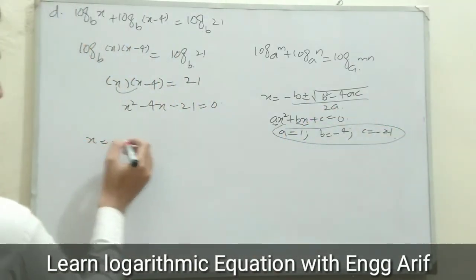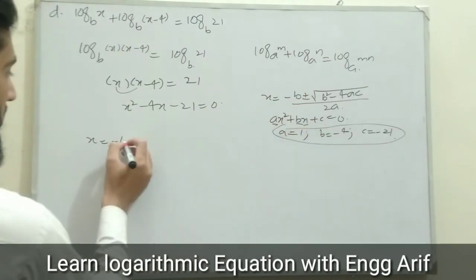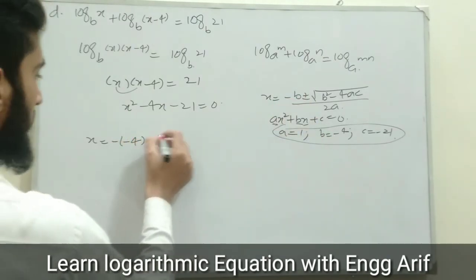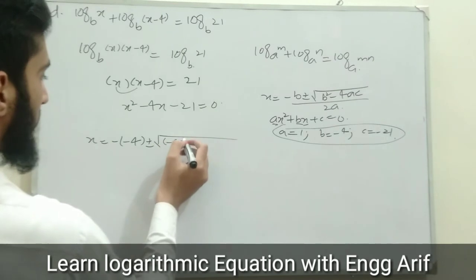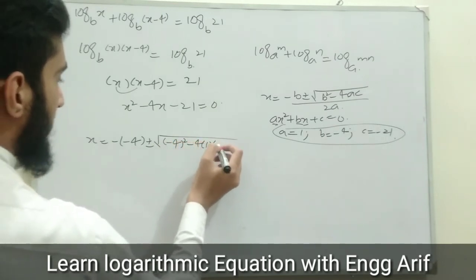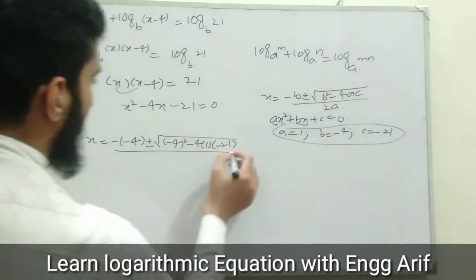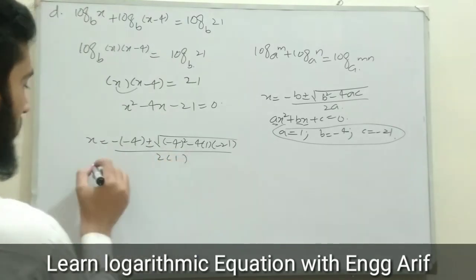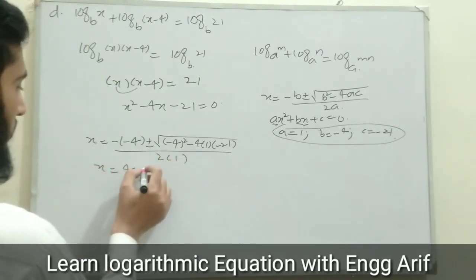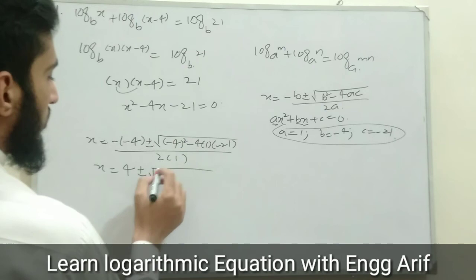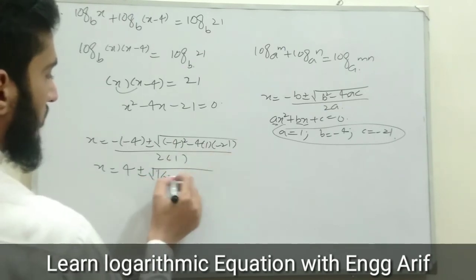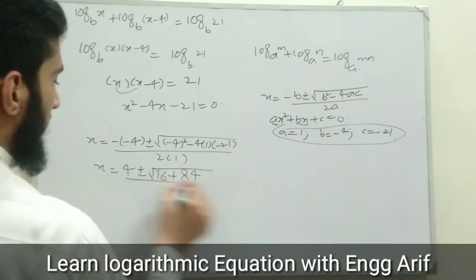So x is equal to minus times b, which is minus 4, plus minus under root of b square, which is minus 4 whole square, minus 4 times a, which is 1, and c is minus 21, whole divided by 2 times a, which is 1. So the value of x will be equal to 4 plus minus, minus 4 square gives us 16 and here is plus 84, whole divided by 2.